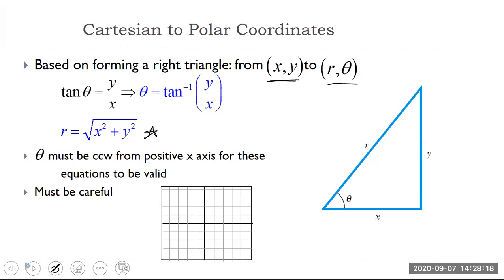So basically, when you're using your calculator, it is going to spit out an angle that's anywhere between minus 90 and plus 90. But we have more angles than just minus 90 to plus 90. So we're going to have to be really careful about how we choose to write down what the angle is. And I picked one specifically as an example so that we could talk about that one.